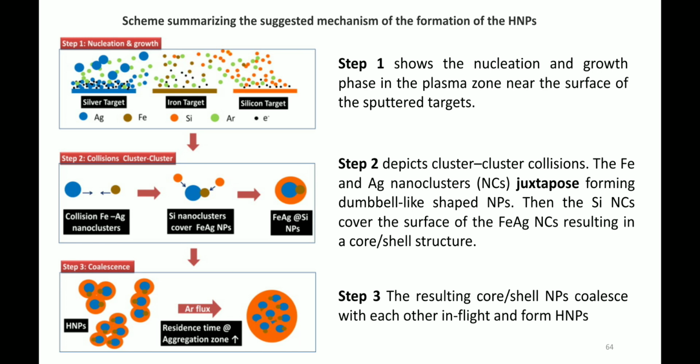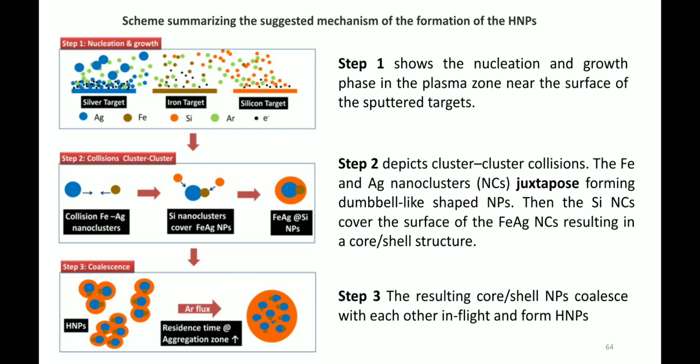Iron and silver just come together and form a dumbbell shape, dumbbell like nanoparticles. But when the silicon nanoclusters come in contact with these two, what happens? They result in the formation of a core shell structure, and that is shown in the left hand side schematic image, where there is a collision of iron and silver nanoclusters, then the silicon nanoclusters cover the iron and silver nanoparticles.